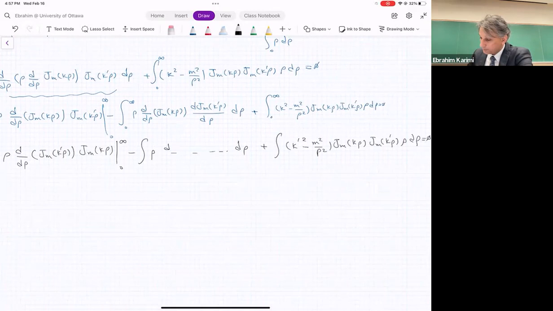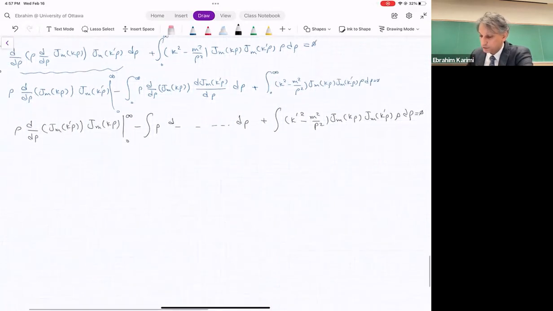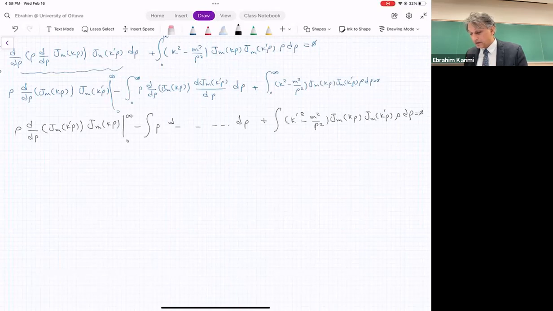Okay, substituting the two together and assuming rho goes to 0, taking the derivative of a Bessel function again will give you another Bessel function, which at infinity goes to 0. So the term on the interval from 0 to infinity will be 0. The second integrals will cancel each other because they're identical.